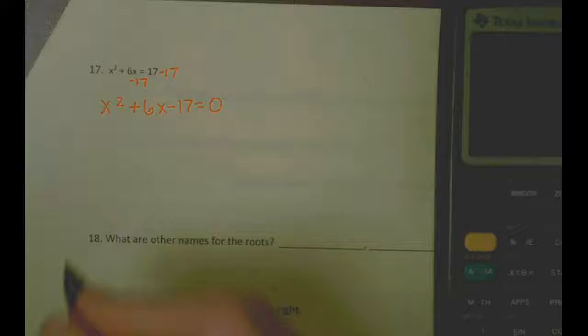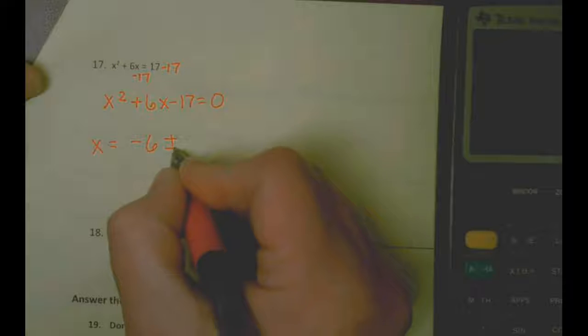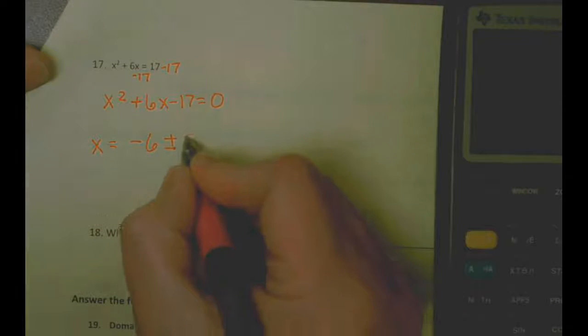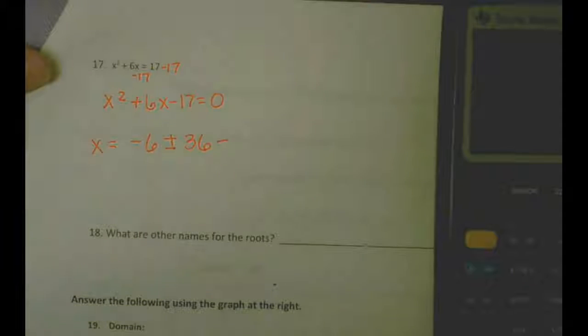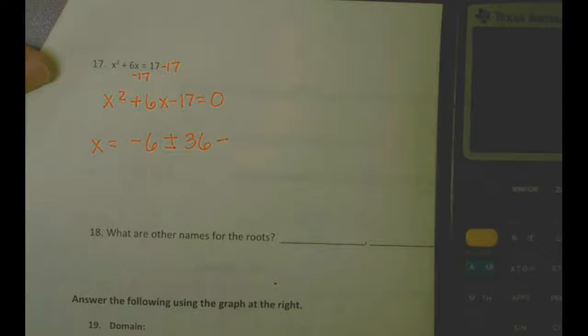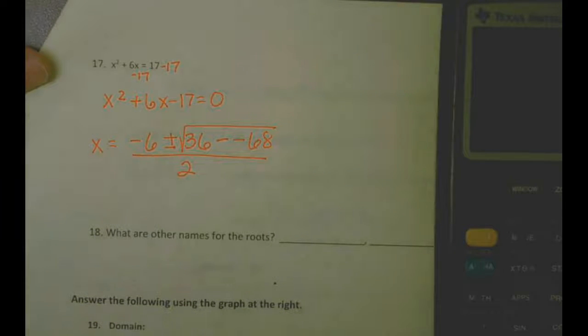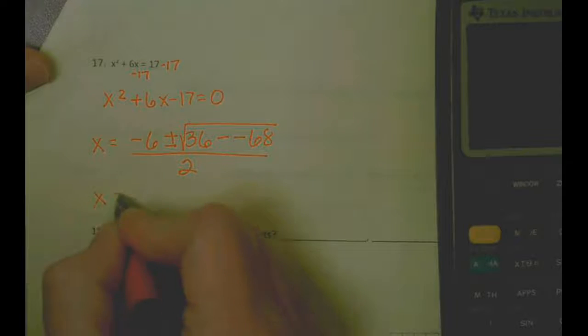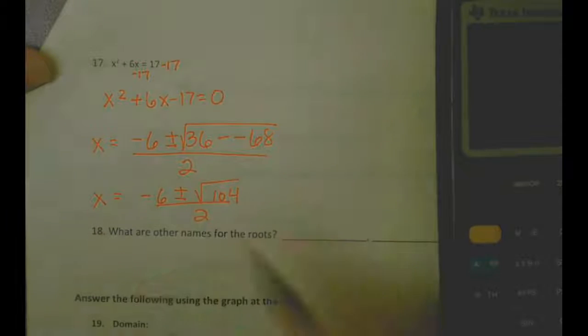And so then that would be x equals minus b plus or minus the square root of b squared minus 4 times a times c, all divided by 2a. So that would be x equals minus 6 plus or minus the square root of 104 divided by 2.